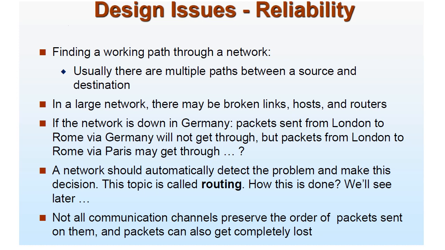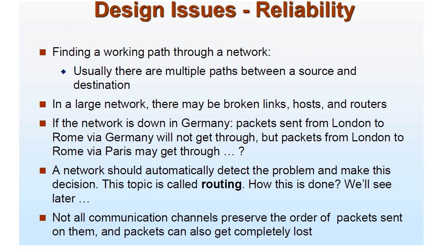For example, data is going to be transferred from London to Rome. There are two ways to pass the data from London to Rome: one is via Germany and the other via Paris. When you are transferring the data via Germany, the network could be down, so it can use the Paris way.